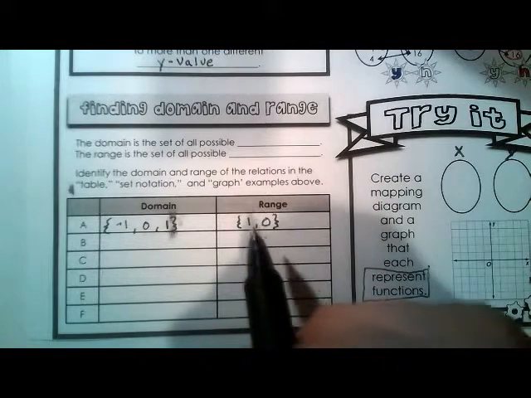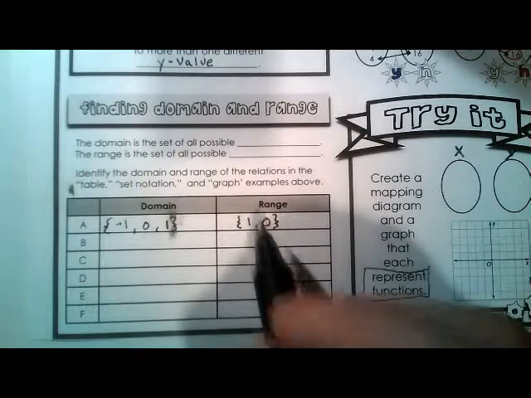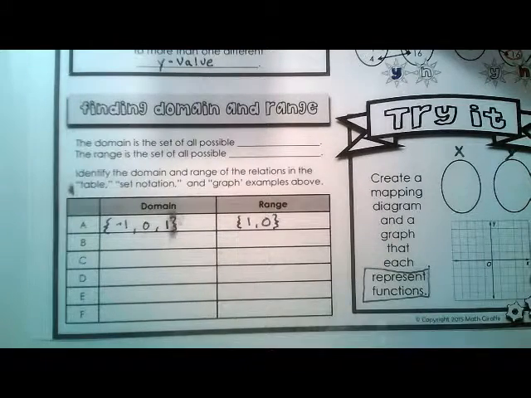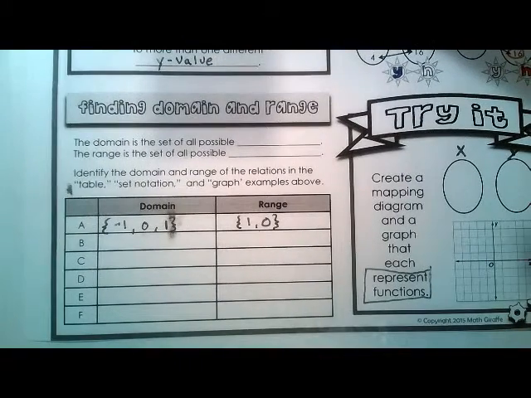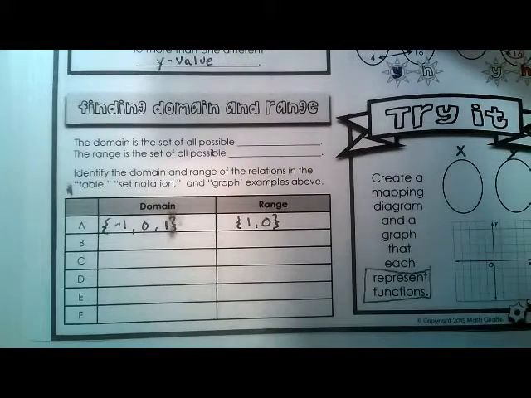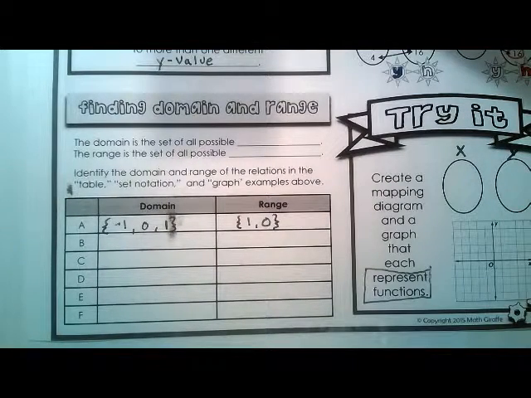And it doesn't matter that 1 occurs twice. We wouldn't want to repeat that because it's like repeating what you've said. You've already told the reader that 1 is in the range. You don't want to tell them again. Okay, and I want you to try B. So you can pause the video, list off the domain and the range for example B.